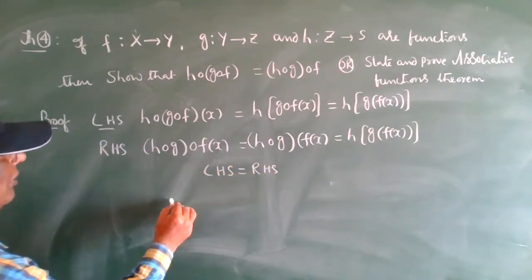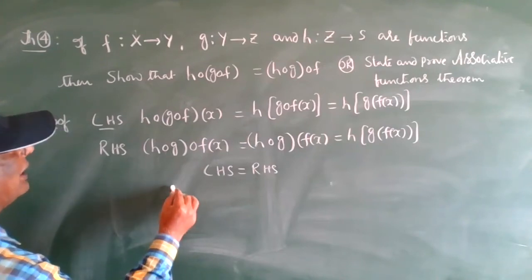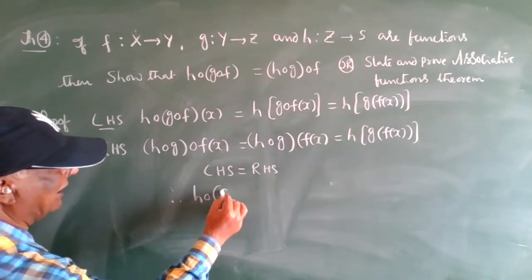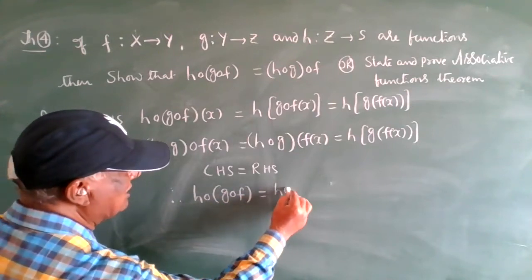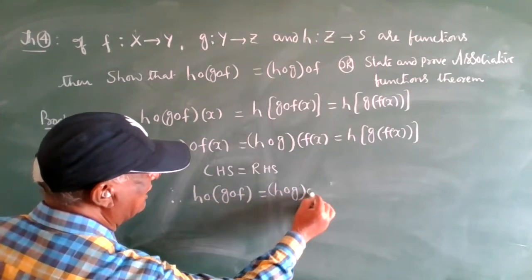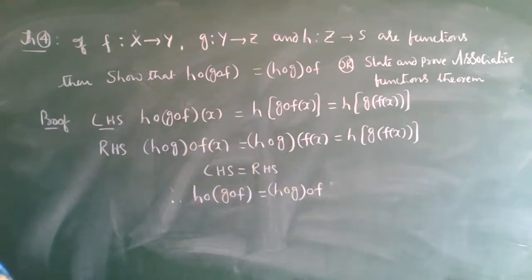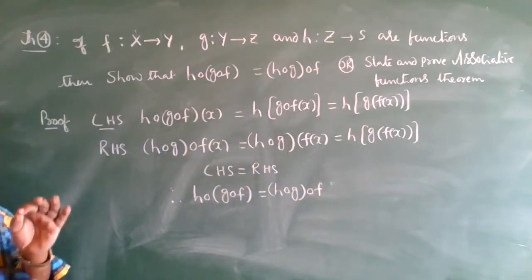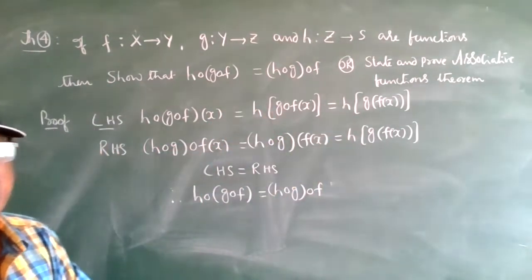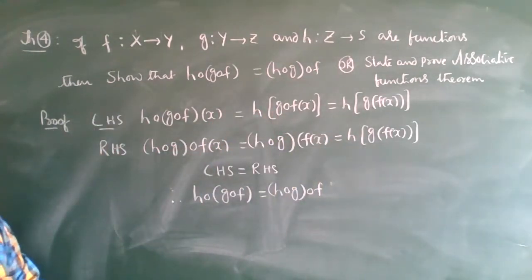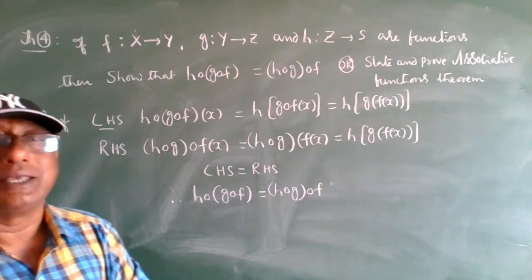Then therefore h circle (g circle f) is equal to (h circle g) circle f. Associative law theorem. Very simple. Just the circle is replacement. That is called the associative law theorem.